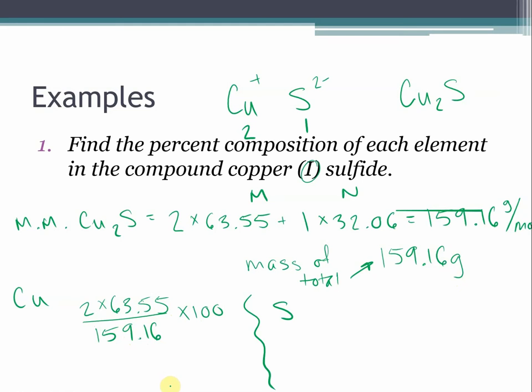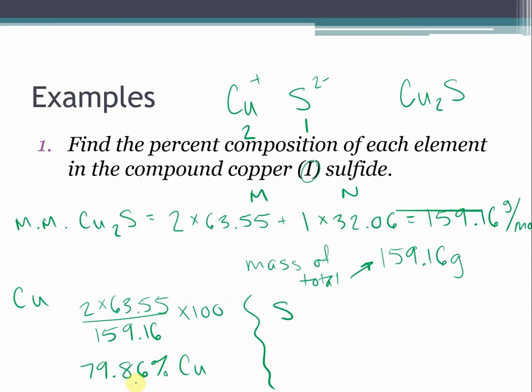Typing this in, 2 times 63.55 divided by 159.16 should give you 79.86% copper. Just like any number, you need the number itself, your units are the percentage, and then you should say what element or compound you're talking about.